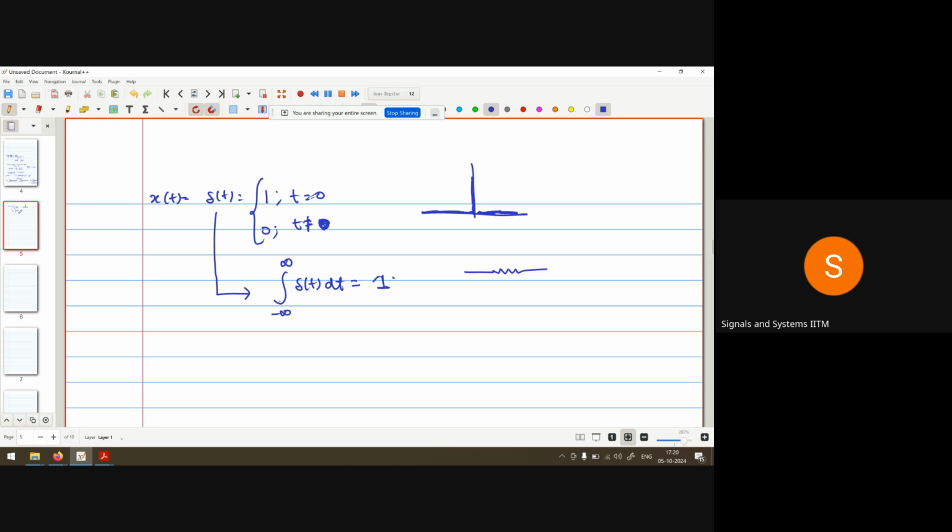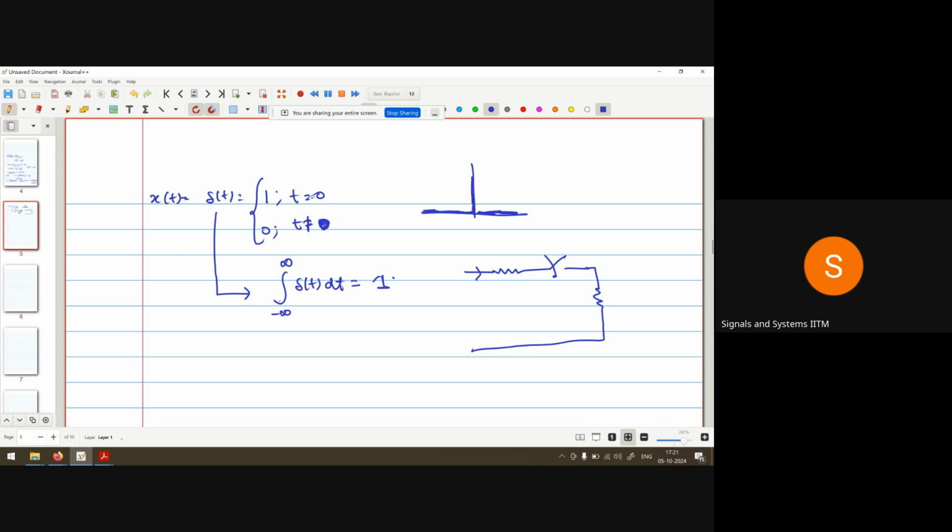This is my circuit. When I close the switch, the current starts flowing because the circuit is completed, and when I open the circuit, the current is again 0.